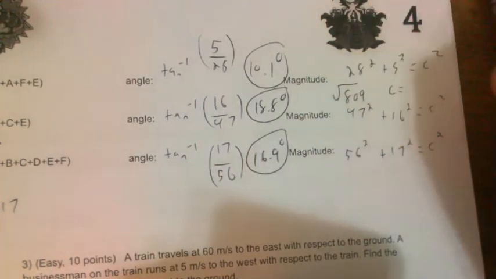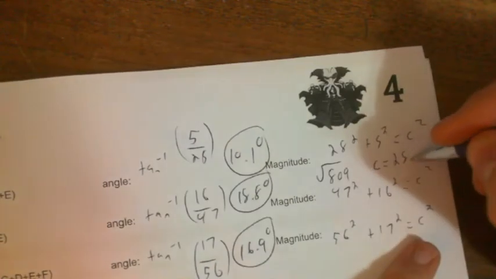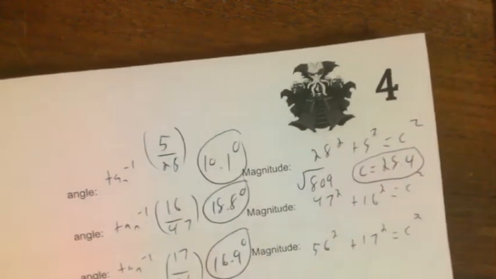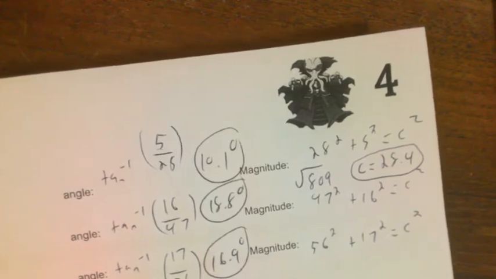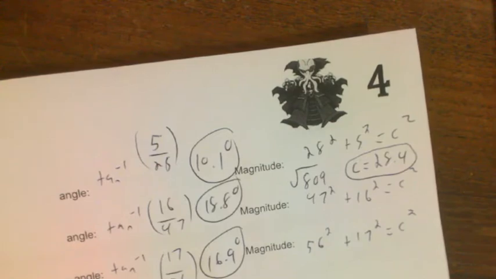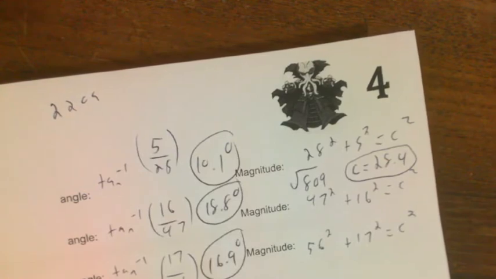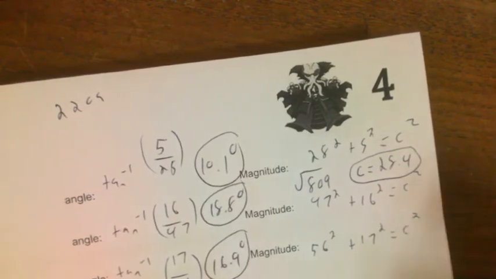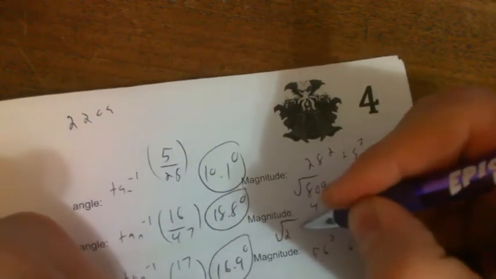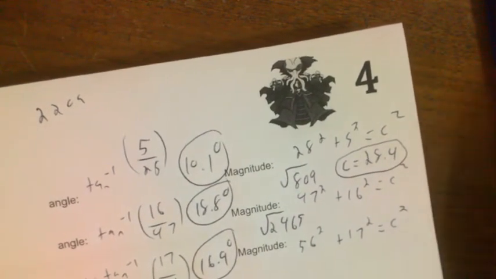So we can say that c is square root of 809, which comes out to about 28.4. 47 squared plus 16 squared is 2,209 plus 256, comes out to the square root of 2,465, which is 49.6.